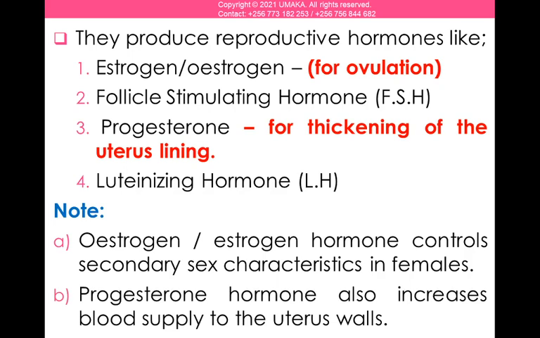Another work of progesterone hormone is that this hormone also increases blood supply to the uterus walls. It increases blood supply to the uterus walls. And it is also responsible for the thickening of the uterus walls in preparation for implantation.